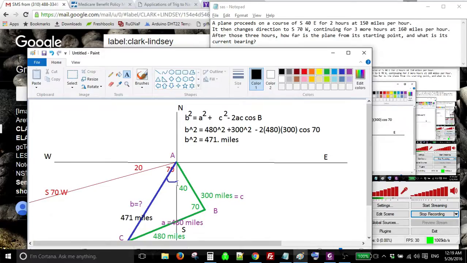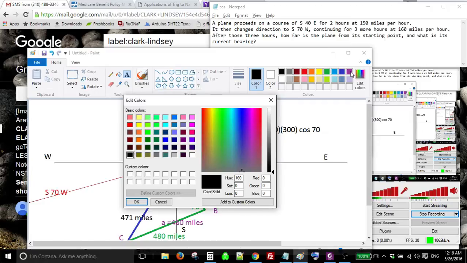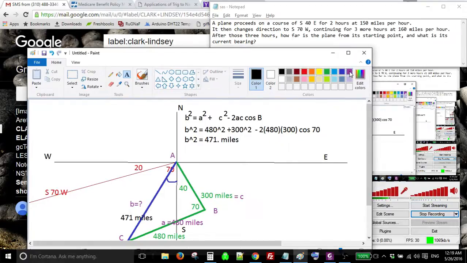To find this angle, I'm going to need this purple angle here, like angle A, in other words. I'm going to need angle A. Once I get angle A, I'll subtract 40 from that to get this blue angle. So how do I find angle A?